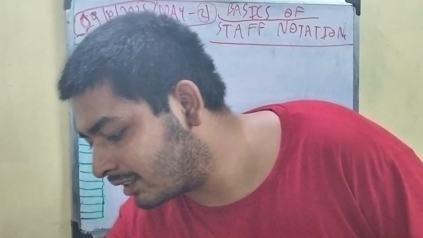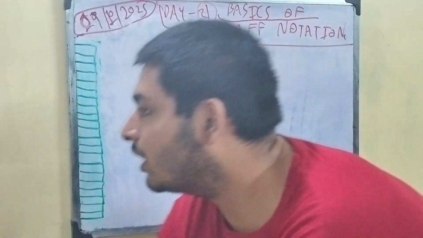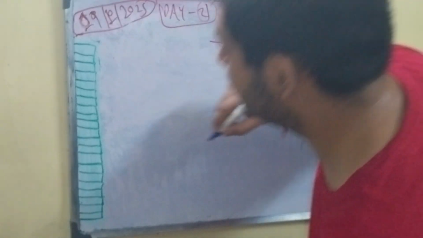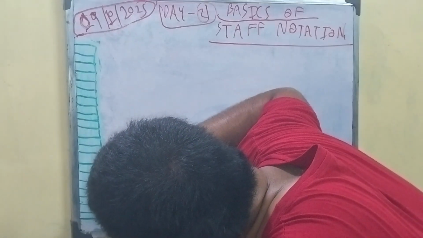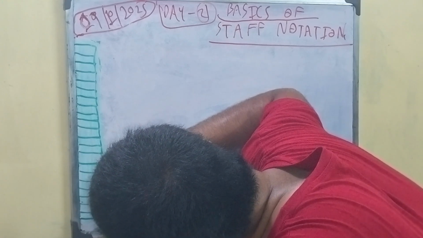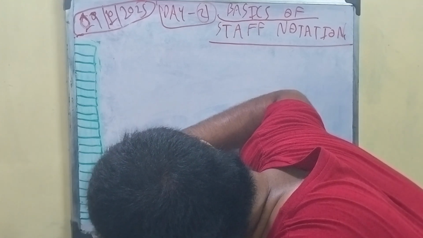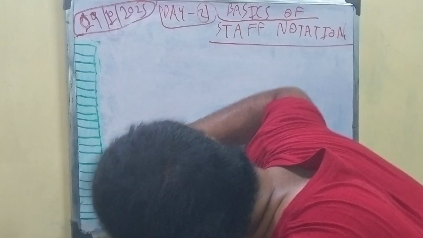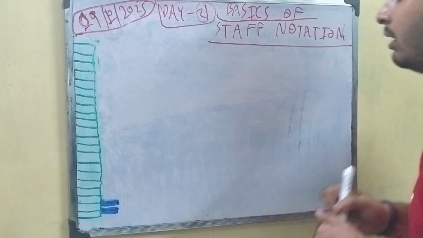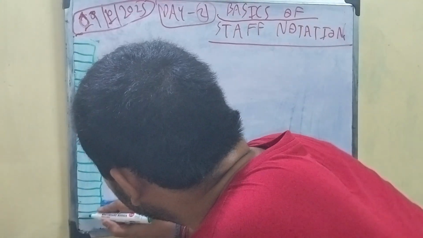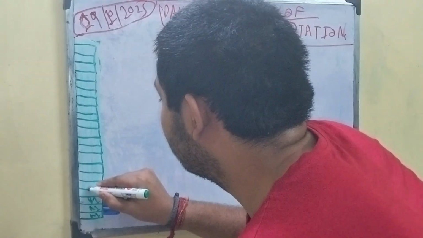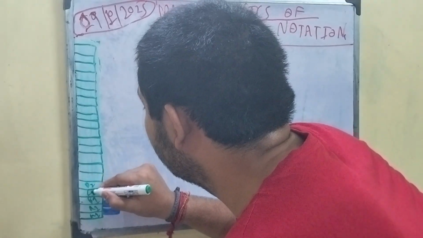Now I'm going to draw the black keys. I am drawing the black keys with a separate color, blue, so that there is no confusion. Before that, let me mark the keys. G1, A1, B1, C2, D2.